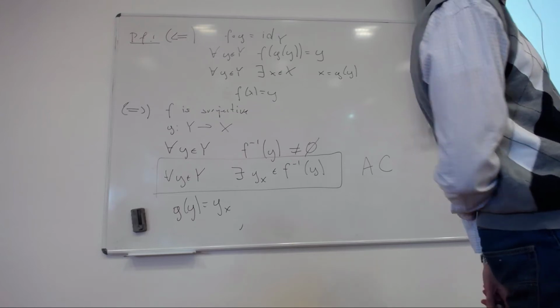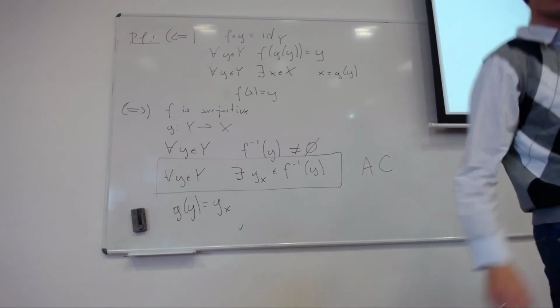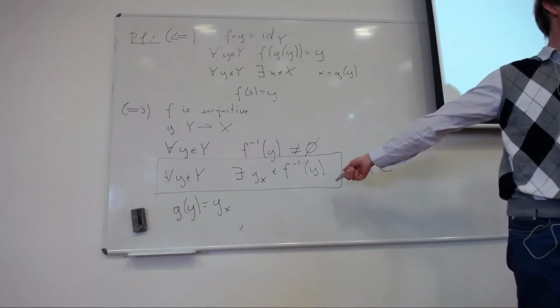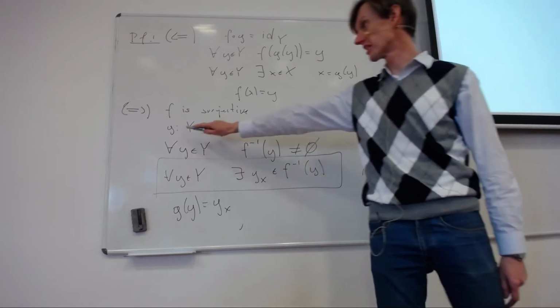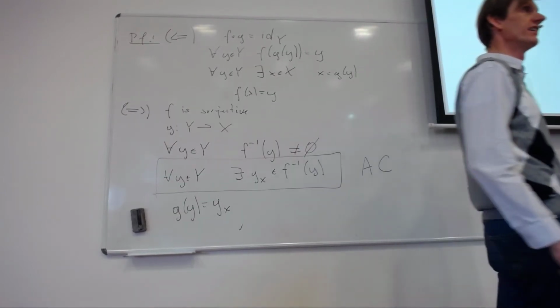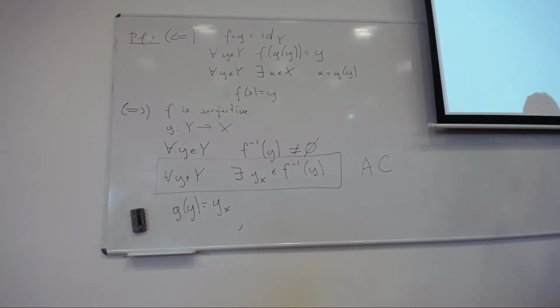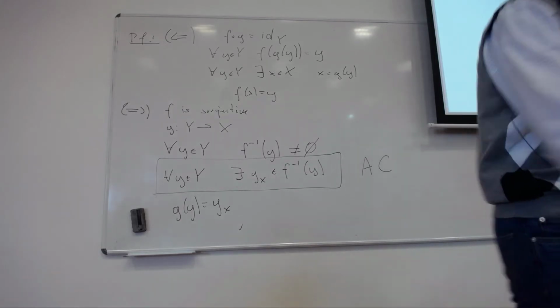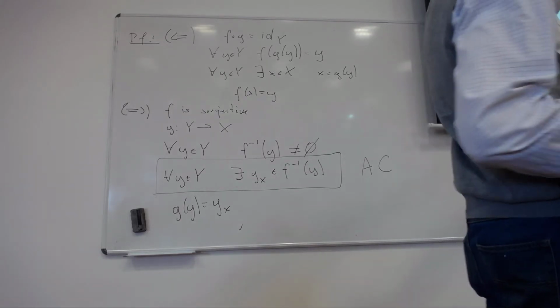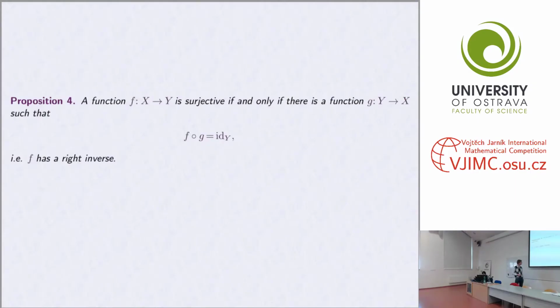Maybe we can do better than this because we have to use the axiom of choice to construct this inverse function G. So maybe there's another way to do that. And yeah, sure enough, there is one. It will have to have something to do with those left and right inverses.